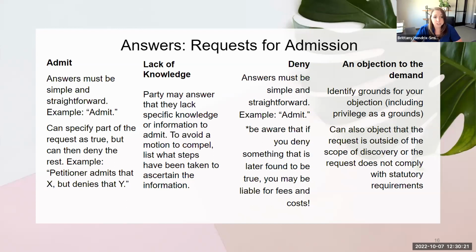You can deny answers. You can be very straightforward, but be careful with denials, because if you are found to be lying about your denial, you can be liable for costs and fees. This is a really big one that I have used with requests for genuineness of documents. It really helps if you are trying to get documents in that would otherwise need to be authenticated by some random person that you really are not looking to subpoena, like a child's school record or something.